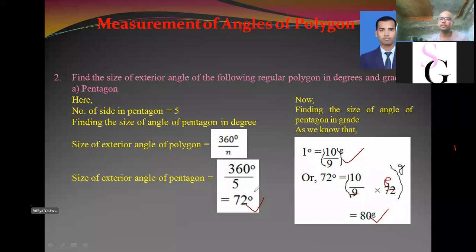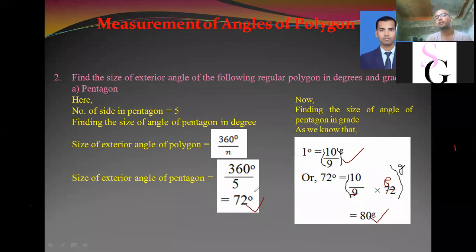That means here you need to remember the formulas of the previous exercise that we have already learned, to convert degree into grade or grade into degree, degree into radian or radian into degree, grade into radian or radian into grade.